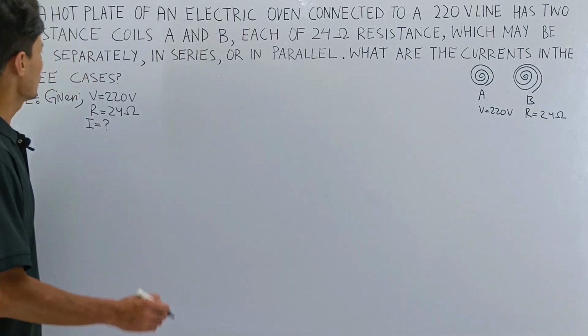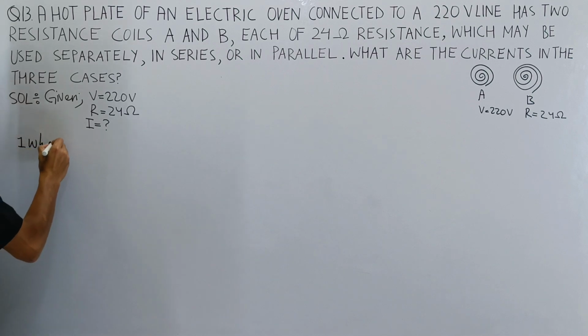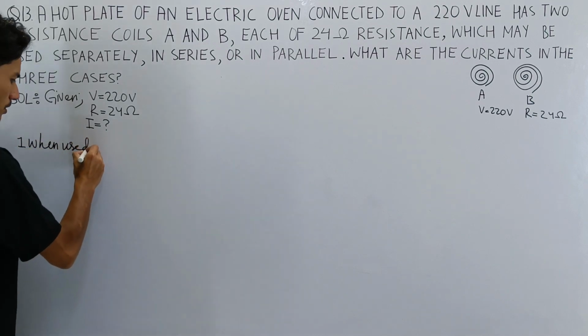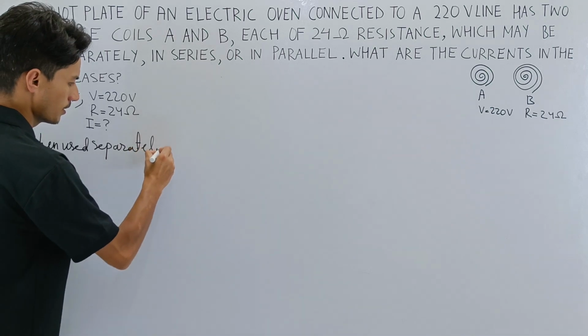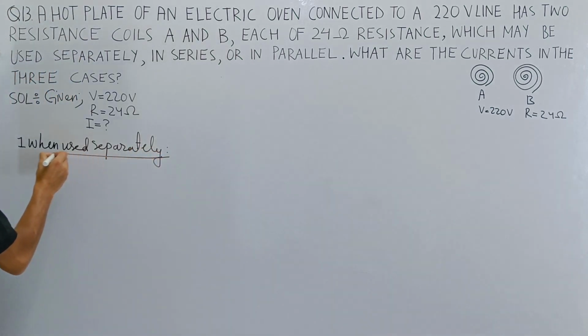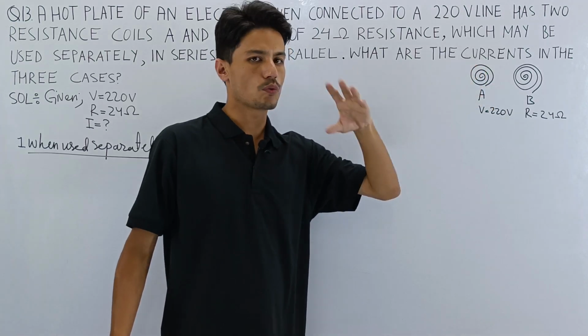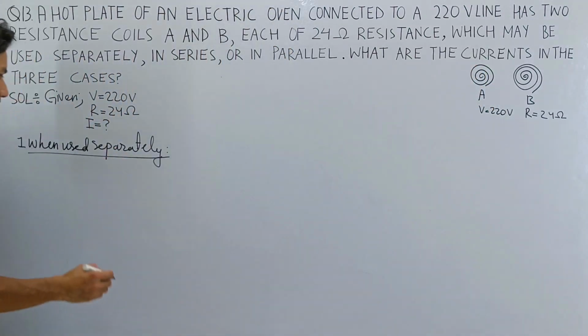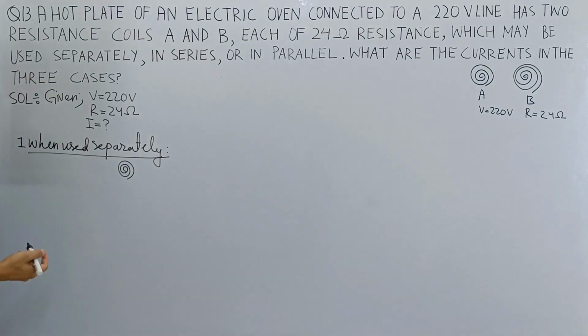So the first one, let's find the current for when used separately. Let's find the current which will flow in the coil when used separately. We are using separately, so let's take only one coil.